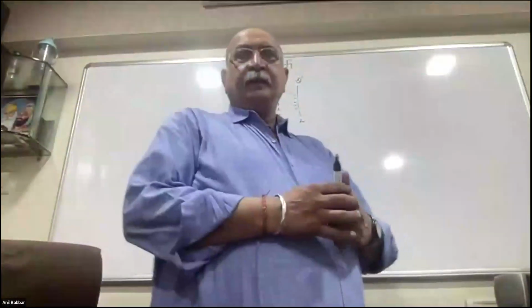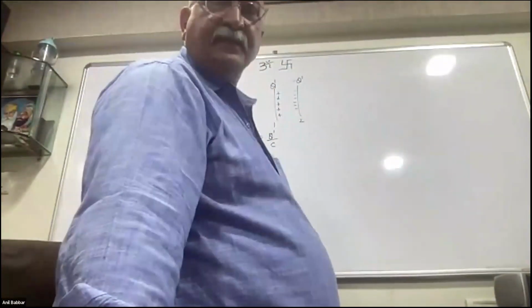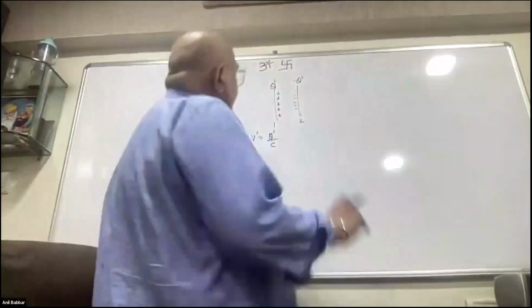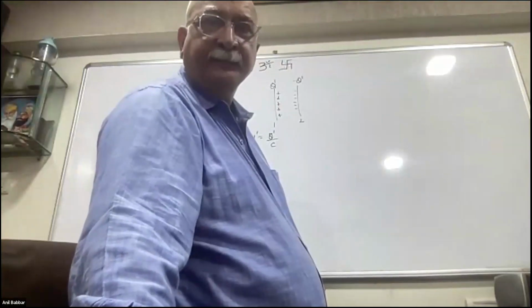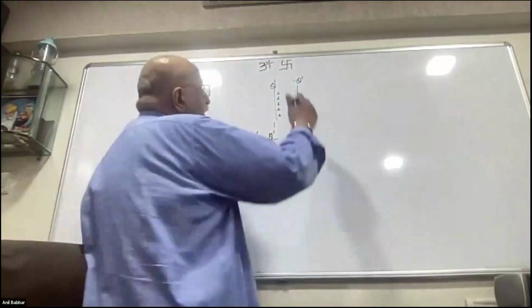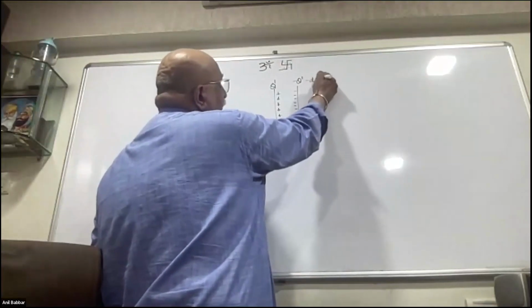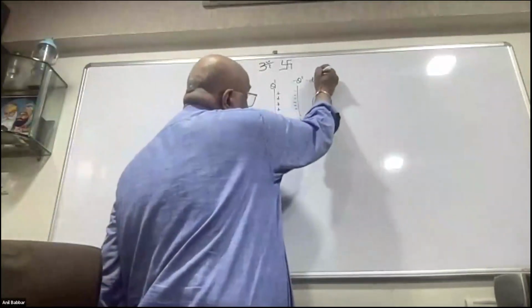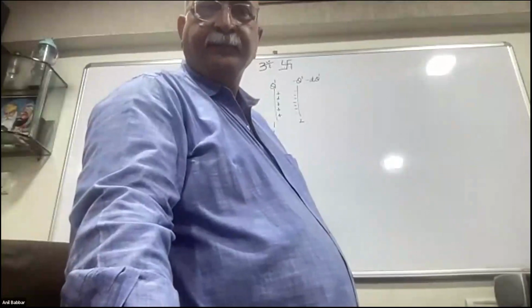Let's say some additional charge dq' is transferred from plate 2 to plate 1. So minus dq' is the charge which has been transferred from plate 2 to plate 1.